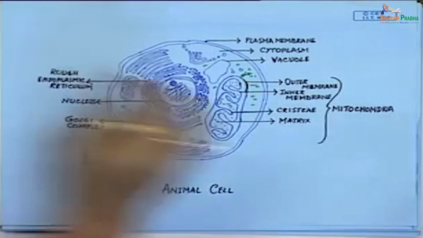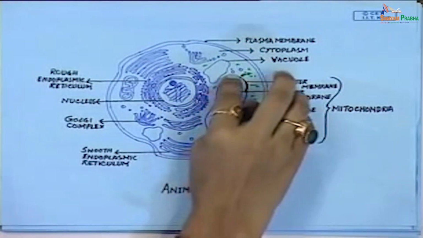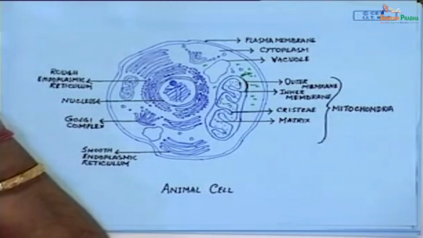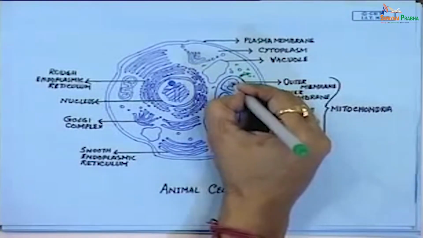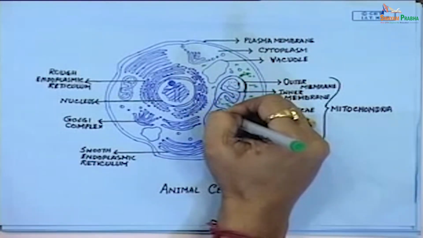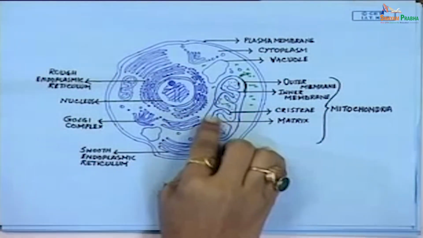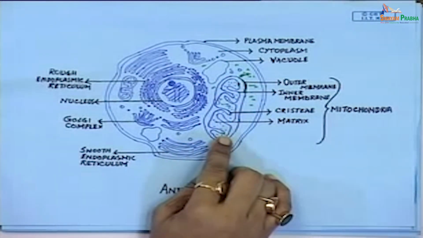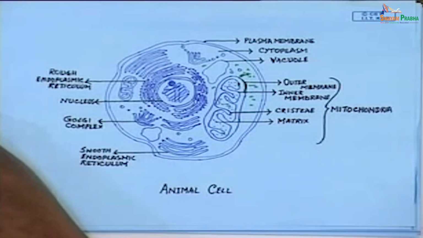So, this is all about the mitochondria. And why am I talking about the mitochondria so much? Because the electron transport chain and the oxidative phosphorylation, the topic of our discussion today, take place in this mitochondria. That is the reason why I am talking about the structure of mitochondria.